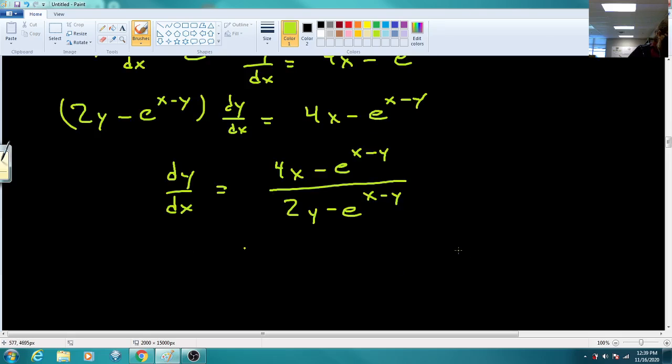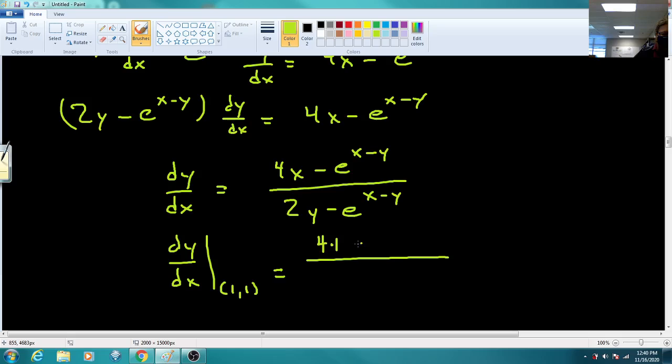So now that I've got my equation, I can evaluate it at the point (1, 1). I replace x with 1, and I replace y's with 1 as well.